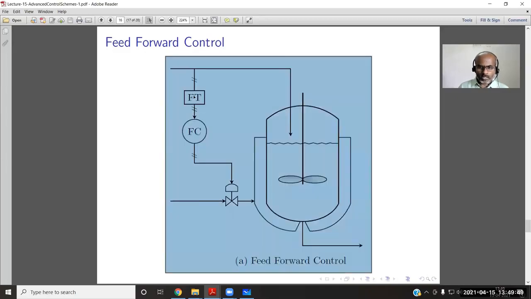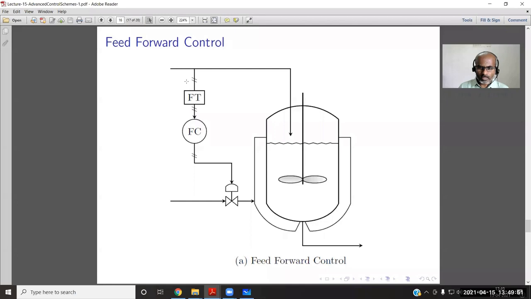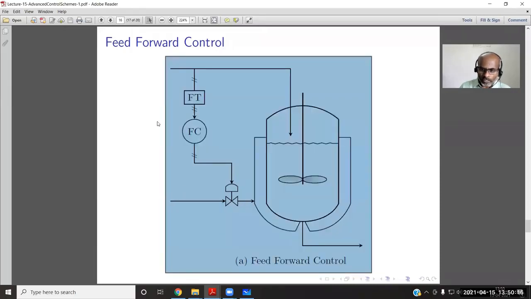We know the relation between the feed and the reactor temperature. If you increase the feed, reactor temperature will drop, or if you reduce the feed, reactor temperature will rise. So you know that qualitative relationship. Not only the qualitative, the exact relationship is known. Accordingly, you are increasing or decreasing the jacket fluid temperature. So this is a feed forward control strategy.